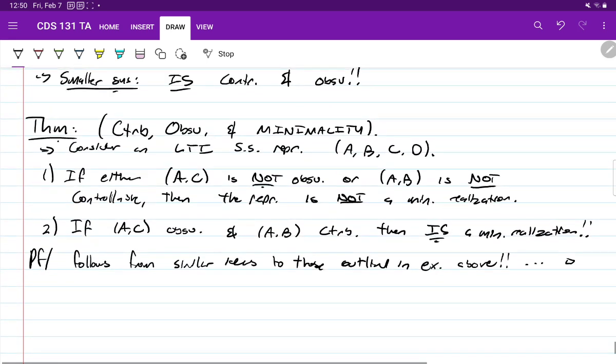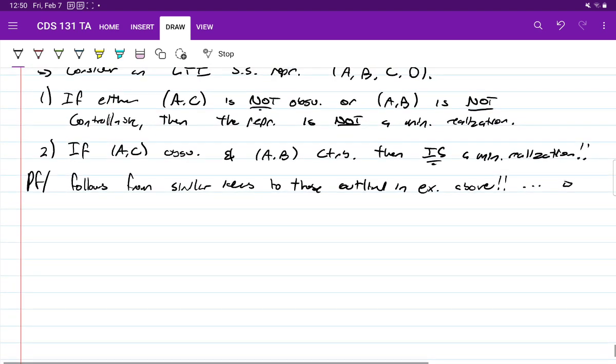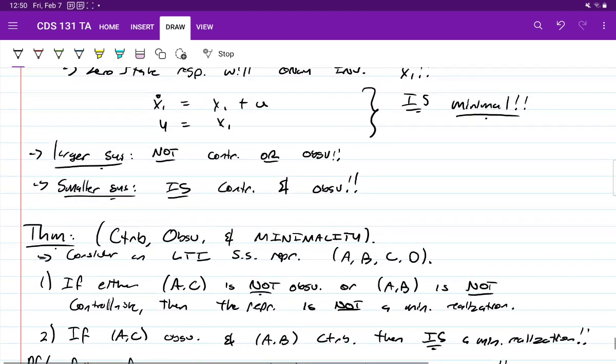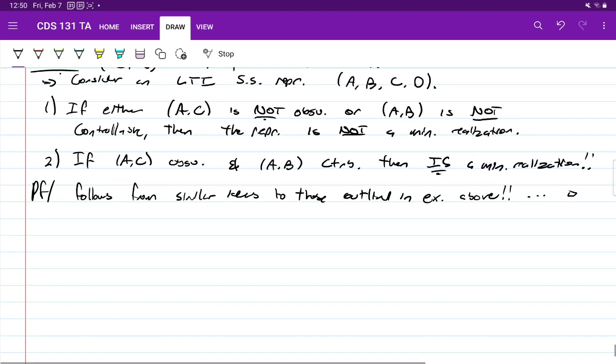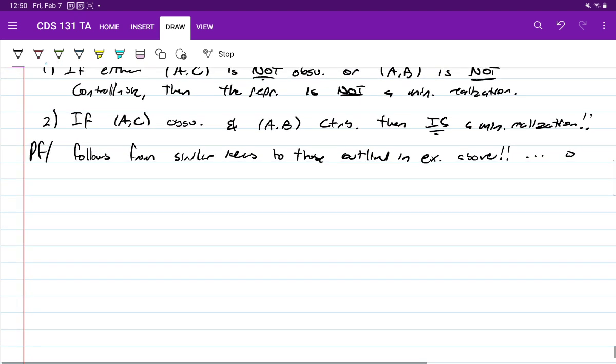Okay, fantastic. So before we finish, I just want to talk about one more detail, which is how this idea of minimality relates to transfer functions, right? So let's recall, where do transfer functions come into this? Transfer functions.